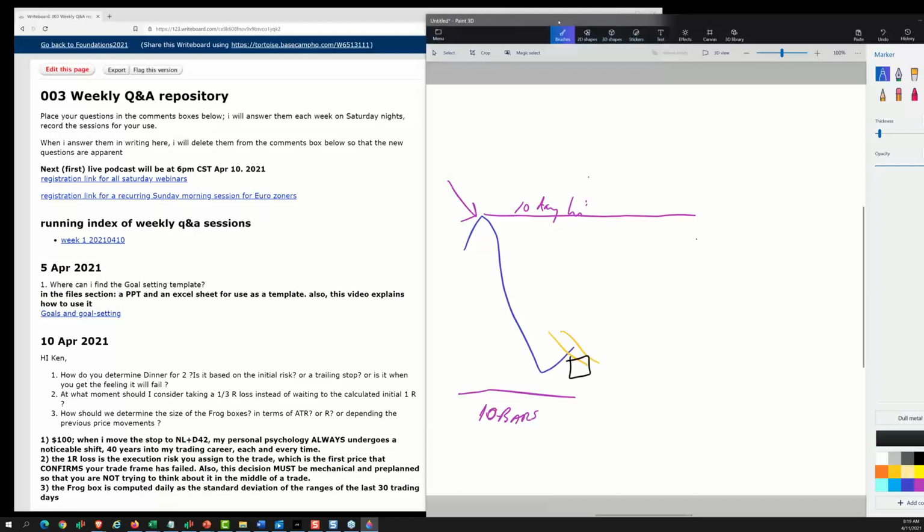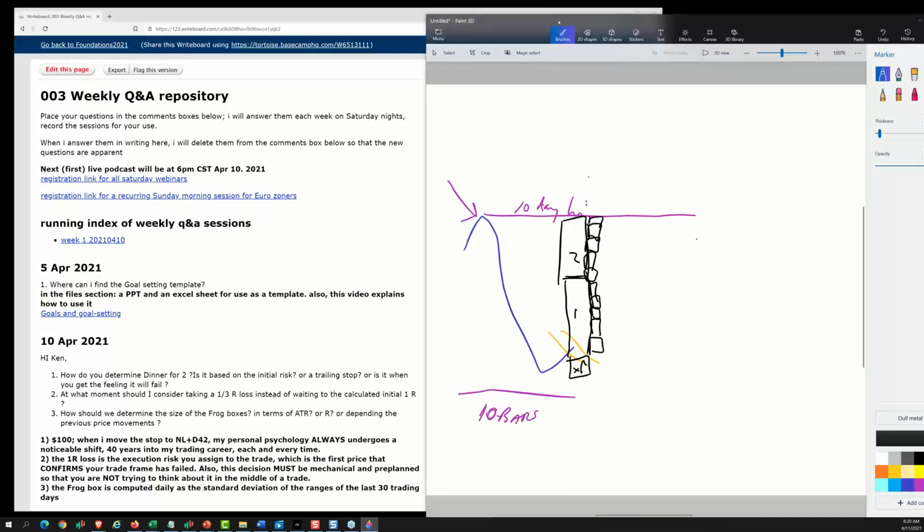And so in this case, if my execution R is here, and I can see 2 full R's up to here, then chances are this has plenty of my execution risks in here.